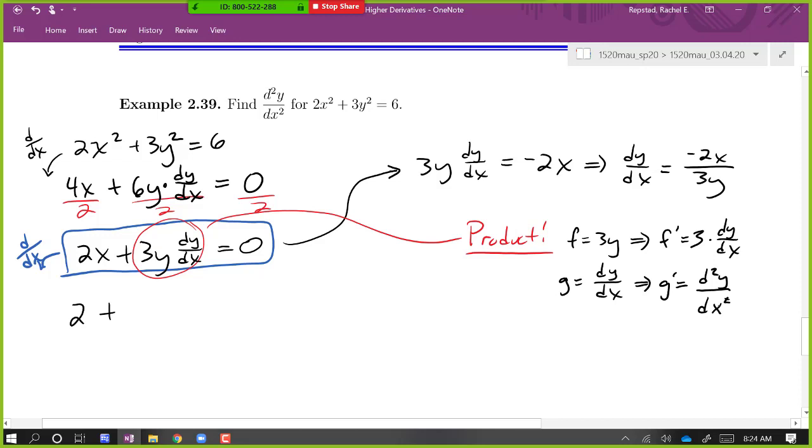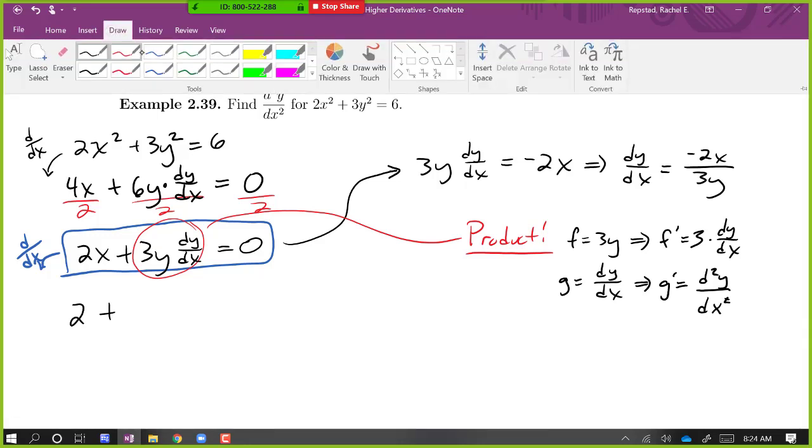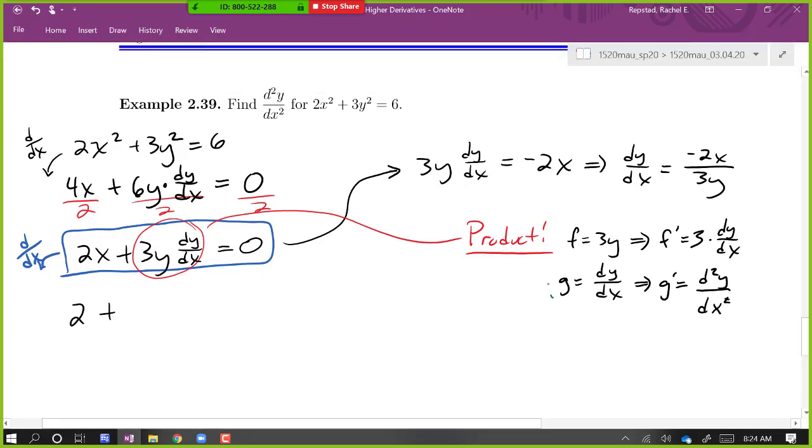Okay, so let's put this together. g times f prime means that I am multiplying these two things together. So I've got 3 times dy dx times dy dx.